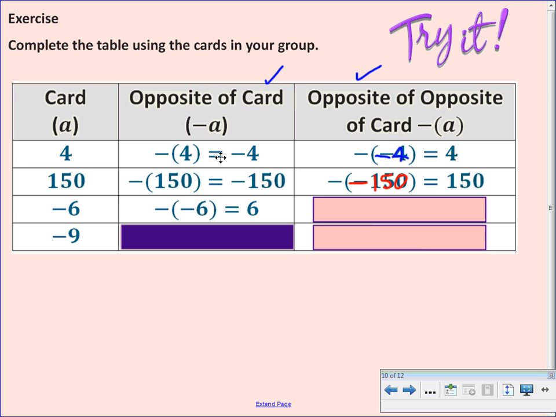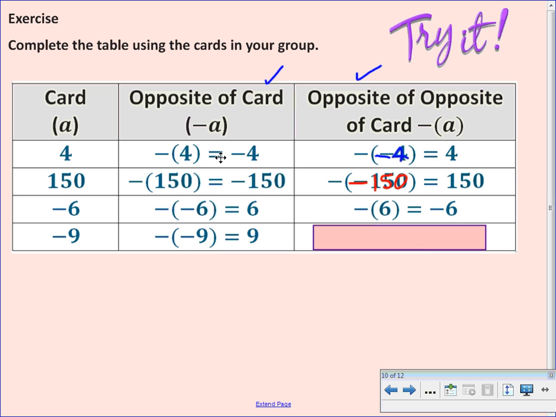If it helps you, think of the parentheses as "of." So the opposite of negative 6 equals positive 6. So now we're going to find the opposite of positive 6, which is negative 6. So now the opposite of negative 9 equals positive 9. So now we'll take this 9, and we want to find the opposite of 9, and that equals negative 9.